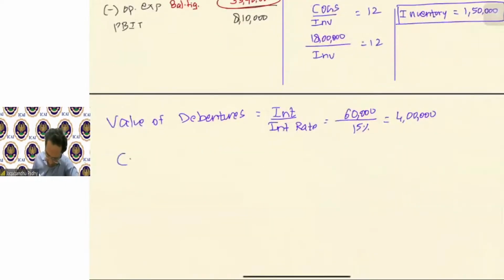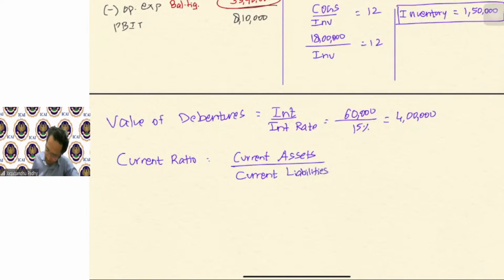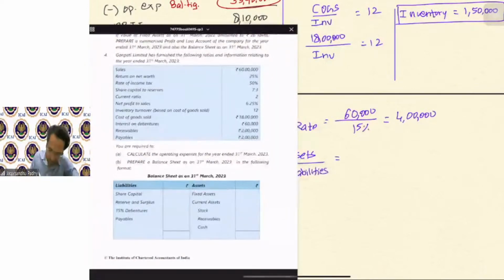You can simply say current ratio equal to current assets upon current liabilities. And this ratio, current assets to current liabilities, is given in the question.